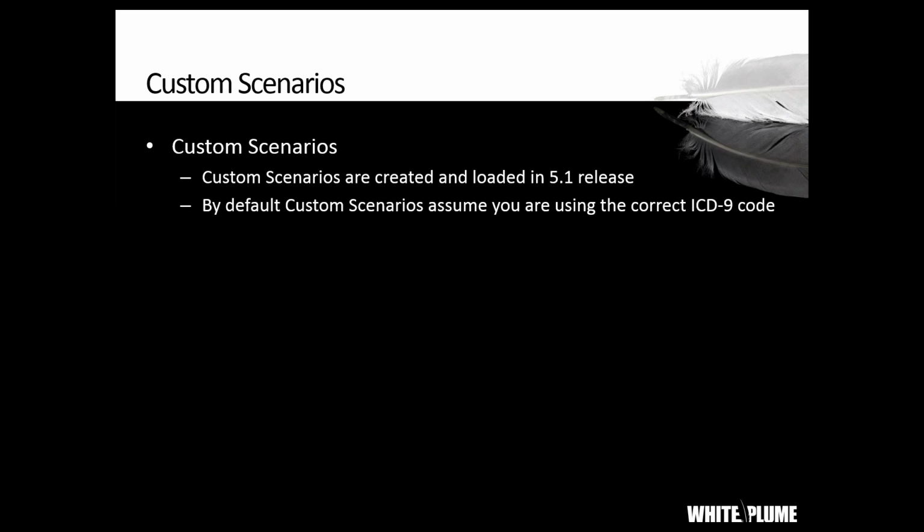The ICD-10 conversion analysis that we sent is a helpful tool so that you can go through, review those, and see what's going to be in the custom scenario. You can go into the application and review the ones that you use most frequently so that you can make sure that the terminology is consistent with what you'd like, that you have all of the choices that you want, and that you don't have any choices in there that you don't want to use.